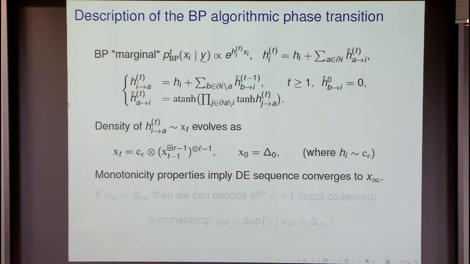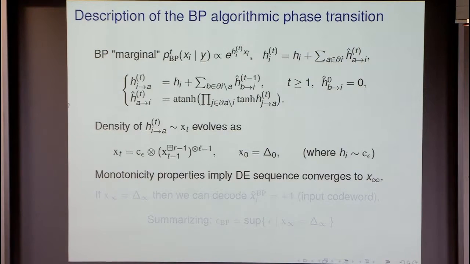Now, this algorithm is tracked by something called density evolution. So density evolution tracks the density of messages along the edges of the graph. Okay, so this x, in fact, is exactly the density that I have in my replica symmetric functional over which I have to optimize. But here, it has nothing to do with this replica symmetric functional for the moment.